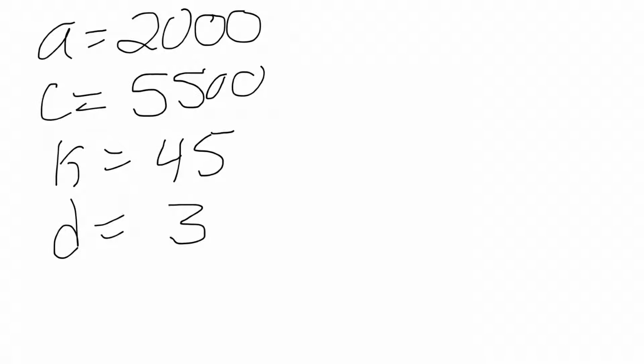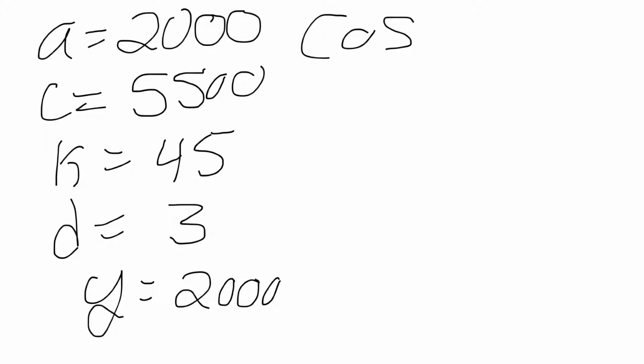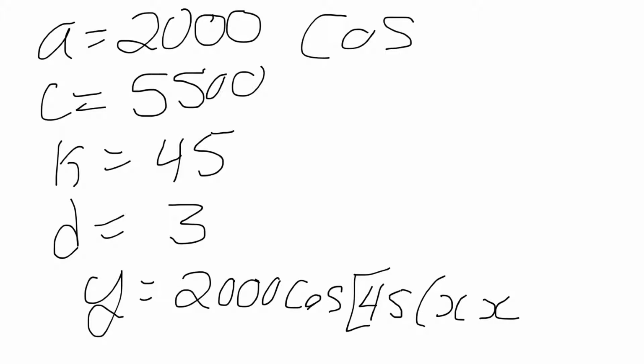So someone walk me through this equation. We decided to use cos. So y is equal to 2,000 cos, bracket, k is 45, bracket, x minus 3, close bracket, and c is plus 5,500.